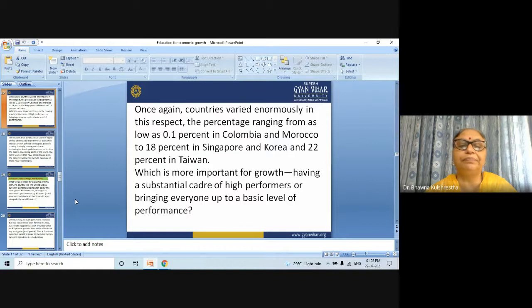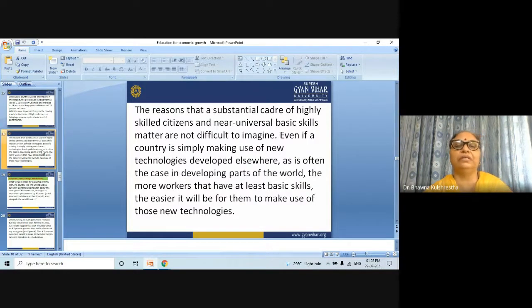And the reasons that a substantial cadre of highly skilled citizens and near universal basic skill matter are not difficult to imagine.